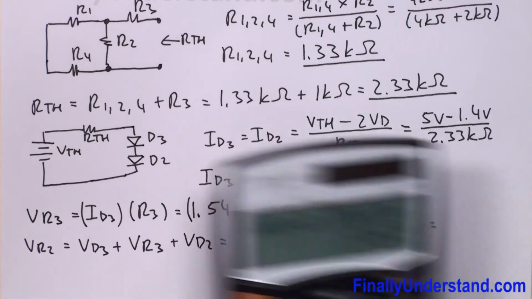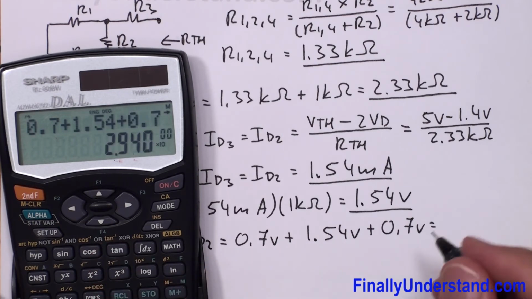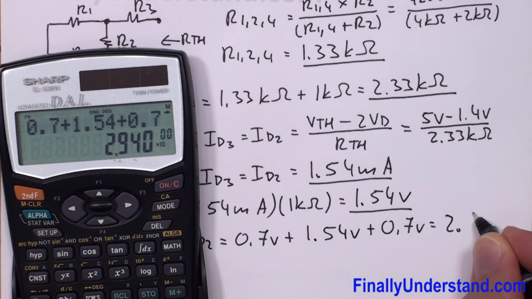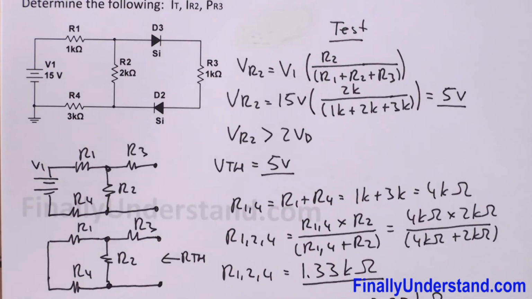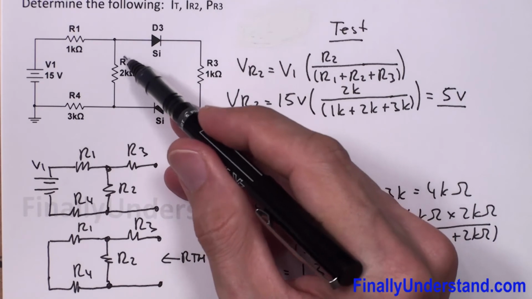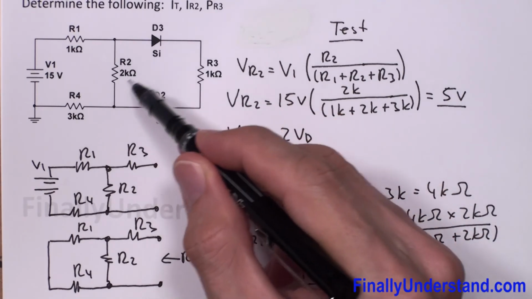This is equal 2.94 volts. Okay, so this is the voltage across resistor R2. Okay, because this voltage plus this voltage plus this voltage will give me this voltage.